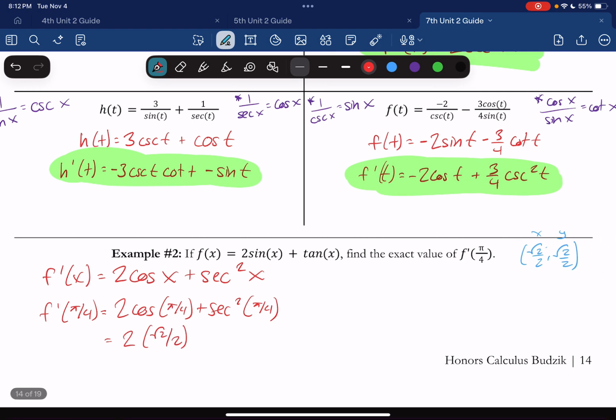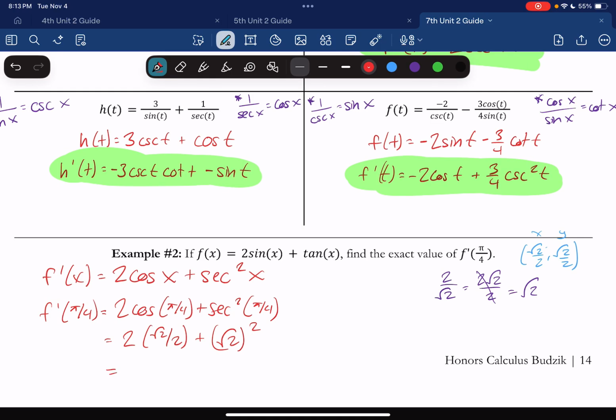And the secant, so the reciprocal of my cosine. So the reciprocal would be, as a reminder, 2 over radical 2, which when we rationalize gets us 2 radical 2 over 2, which crosses out, which leaves me radical 2. So then this is plus radical 2 squared.